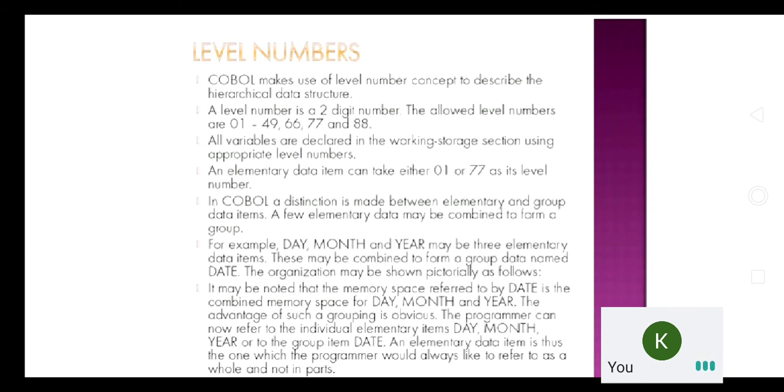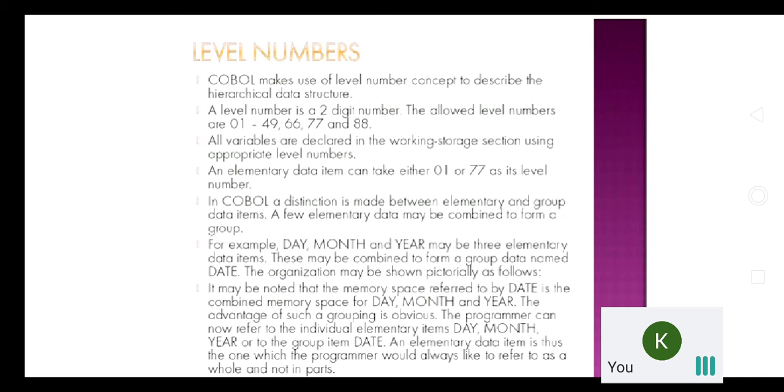Sometimes along with the code character we also use an editing character. But the first component is the level number, which indicates the hierarchical representation of your data item. And mostly the elementary data item can take either 01 or 77 as its level number.